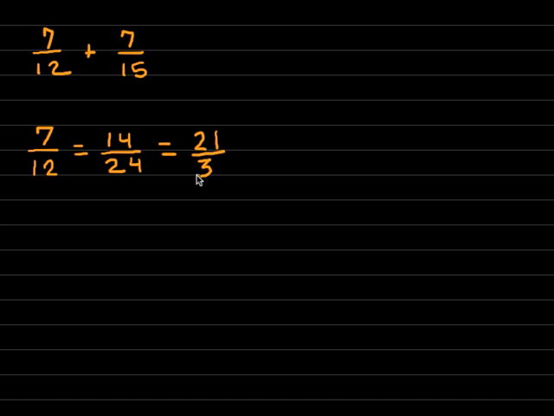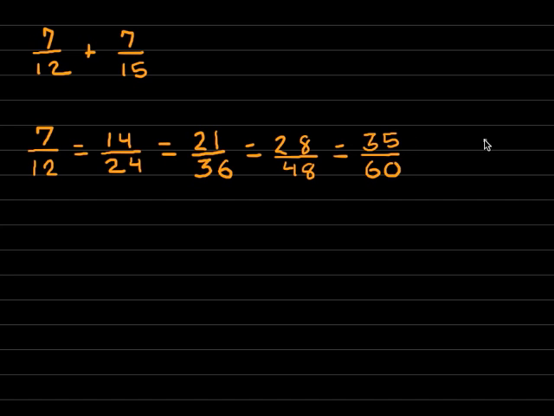I got that by multiplying the top and bottom by 3. Then we'll multiply the top and bottom by 4. And multiply the top and bottom by 5. Now I've only found 4 equivalent fractions.